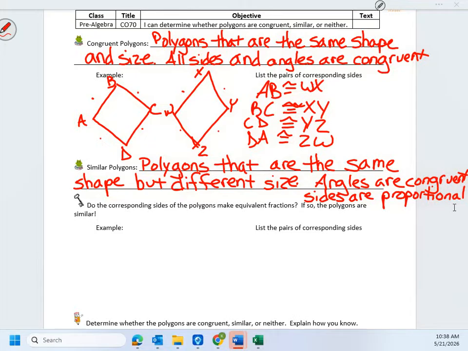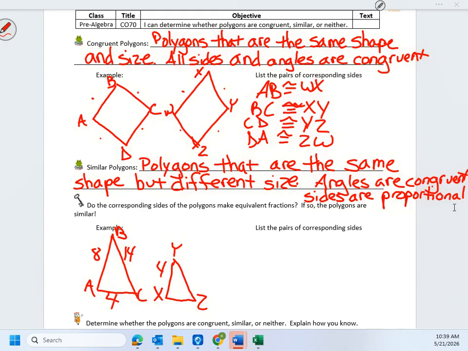So an example of that would be if we have this triangle that is, let's say, A, B, C, and then we have this triangle that is X, Y, Z. If this is 8, 14, and let's say 4, this would be 4, this is not to scale, 4, 7, and 2.